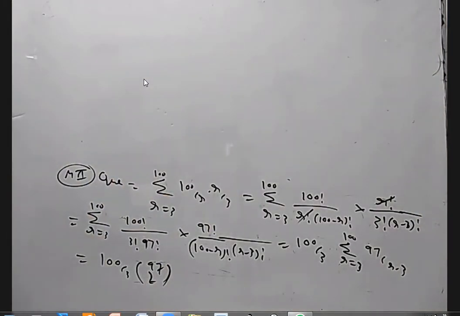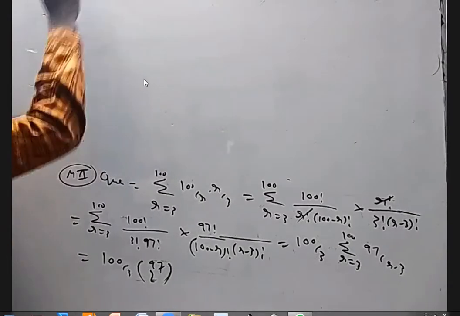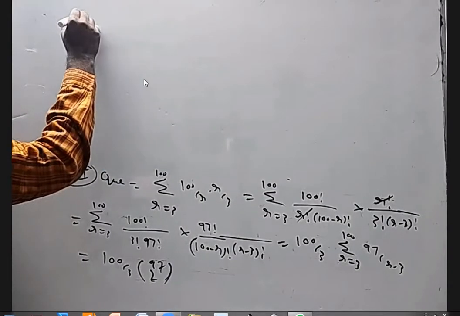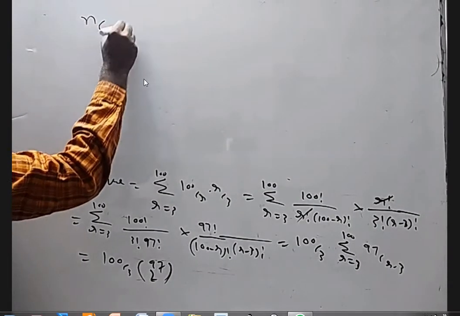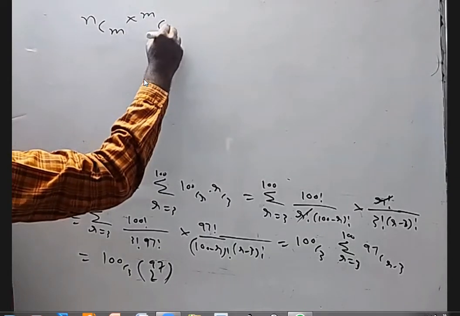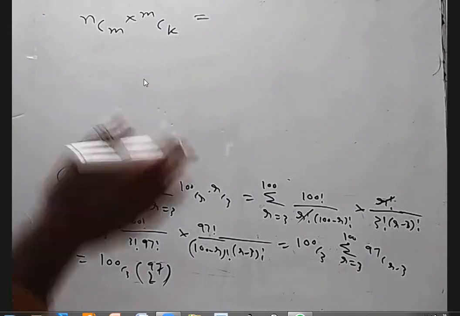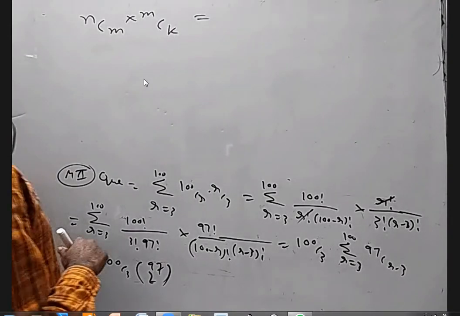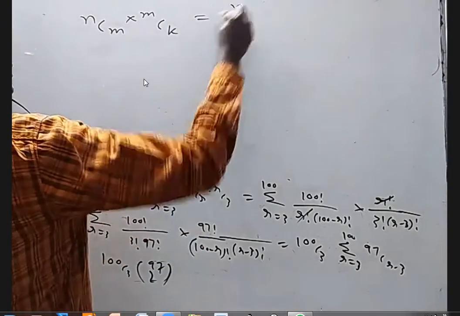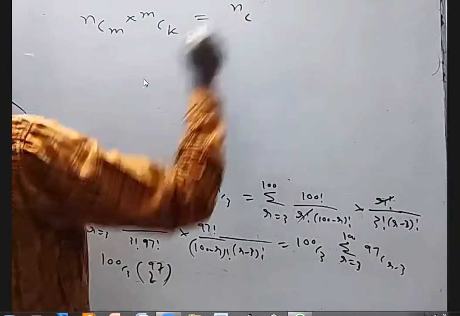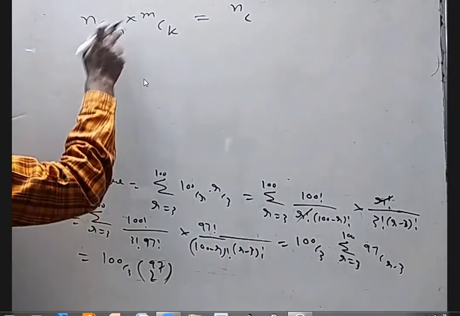Okay, in the beginning when I told about NCR for the first time, I wanted to give this question, but let me give it now. If I have NCM into MCK, it can be written as a product of two other NCR. So what is that? NCM, I'll get M and N minus M. M will cancel.